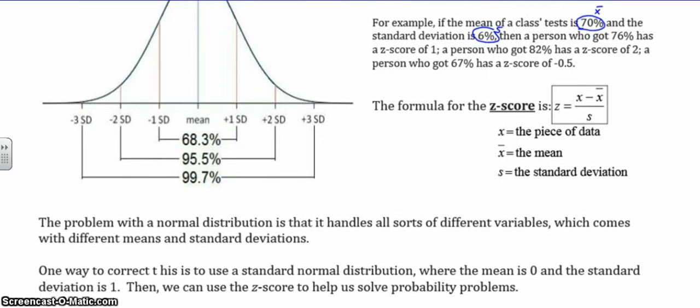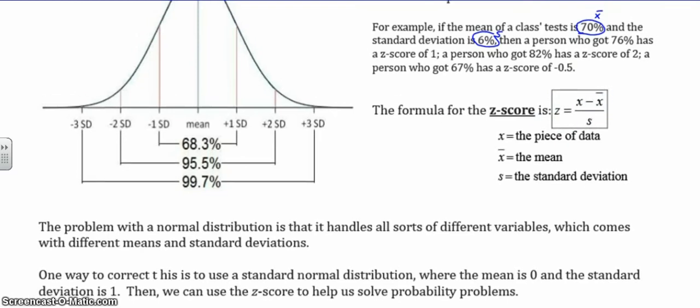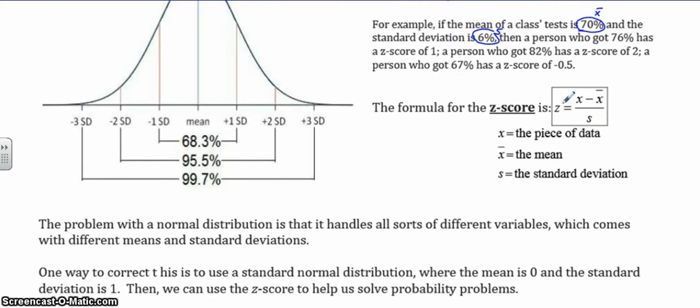For other values, there is a formula that you can use for the z-score, where x is the piece of data, x bar is the mean, and s is the standard deviation. A z-score relates what you got compared to what the mean is. So if the mean was 70%, then one standard deviation would be 76.